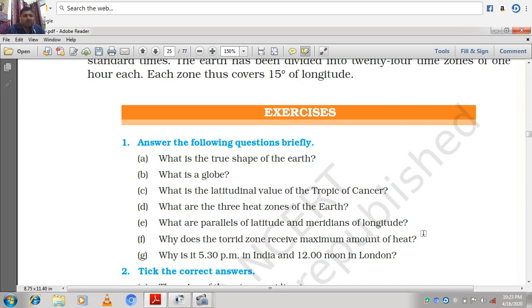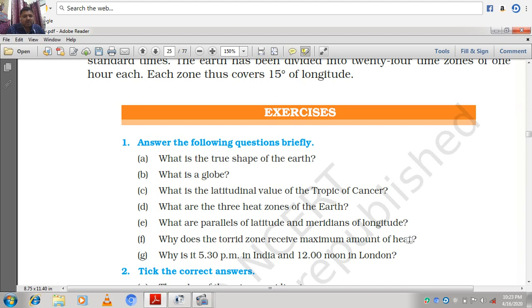The sun remains over this area for the maximum hours. That's why this zone receives a maximum amount of heat. This is the central location of the globe, and it receives sunlight for the maximum time.